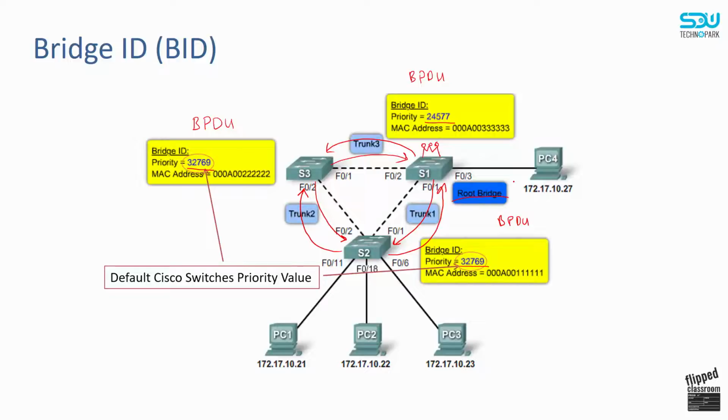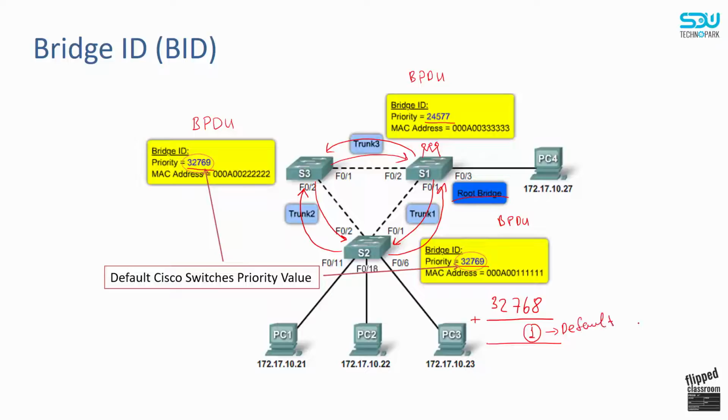So Cisco default priority values are equal to 32,768 actually, and where do we get this 9? It is actually +1, whereas 1 is the value of the default VLAN.